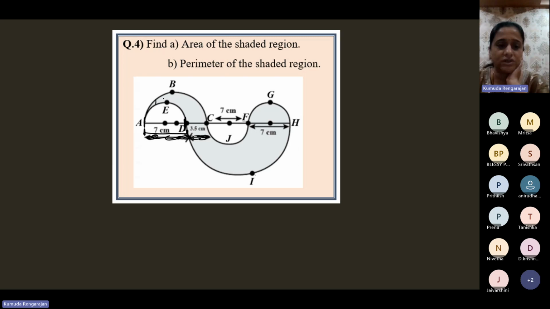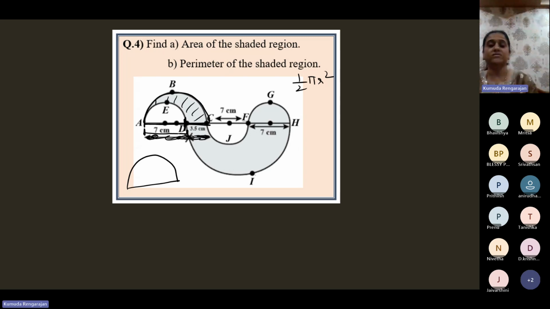Now the area of the shaded region is equal to the area of this semicircle. Semicircle area is half pi r square. From here to here is the diameter. What's the diameter? 7 plus 3.5, 10.5 is the diameter.